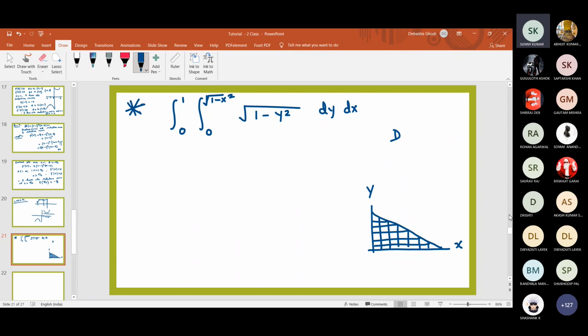Each of these squares has the same area. If you consider the smaller portion inside, this small area is dx and dy. That gives you the area, so you write dx dy or dy dx. It doesn't matter. What matters is, after considering this square, along which way you are going to move.